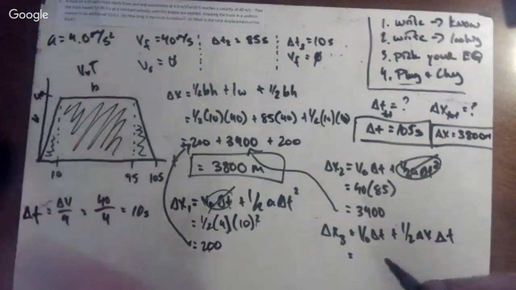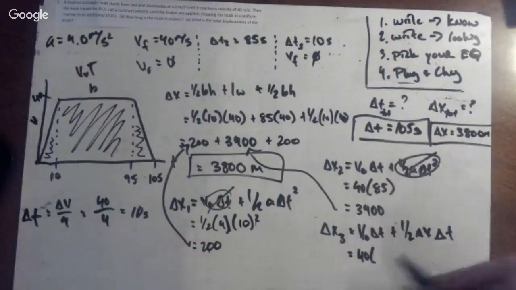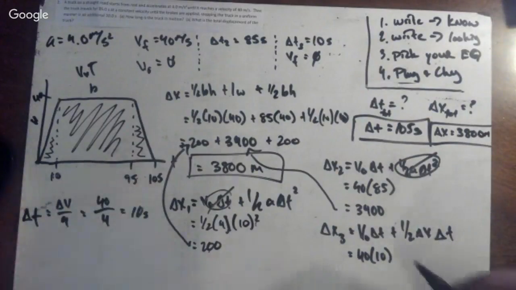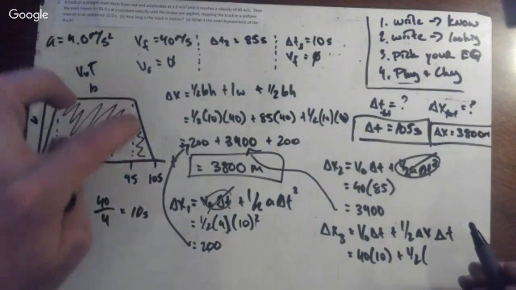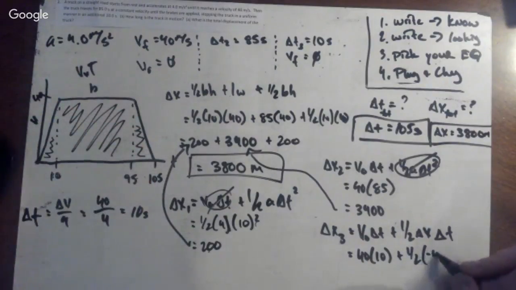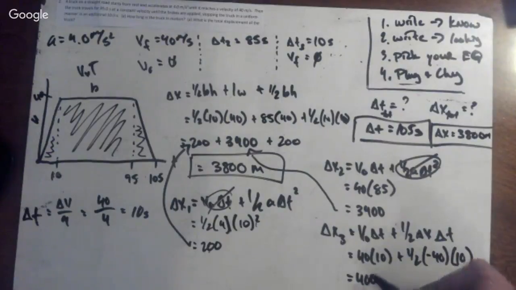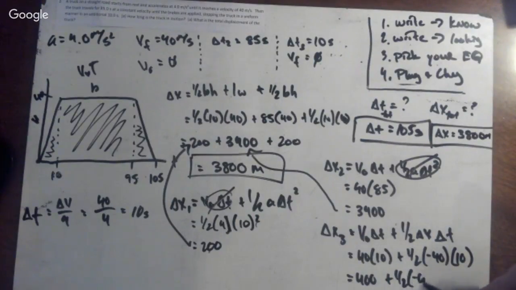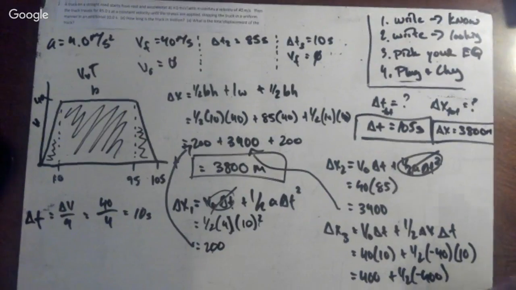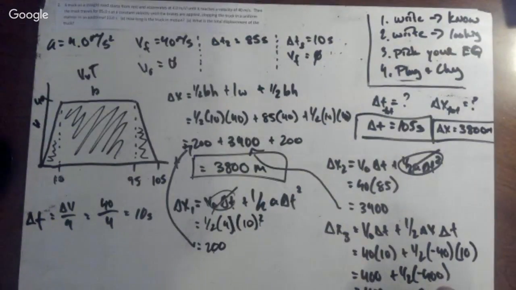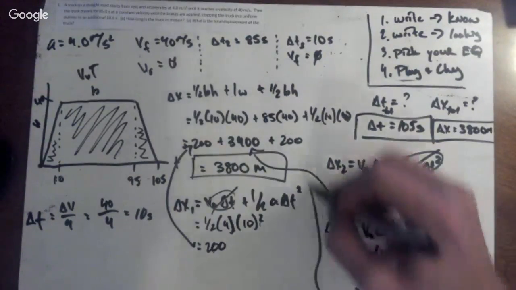Our initial velocity for that period is 40, multiplied by our time, which is 10, plus 1/2 times our change in velocity, from 40 down to 0, so negative 40, multiplied by our change in time, again 10. 40 times 10 is 400, plus 1/2 times negative 400, or 400 minus 200, or 200. Again, see what we did there?